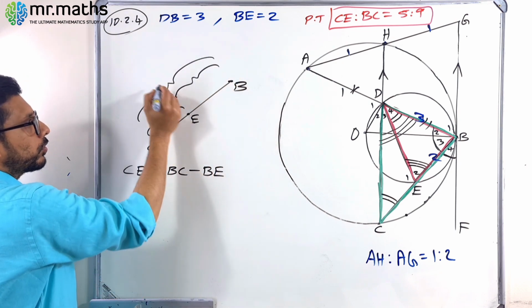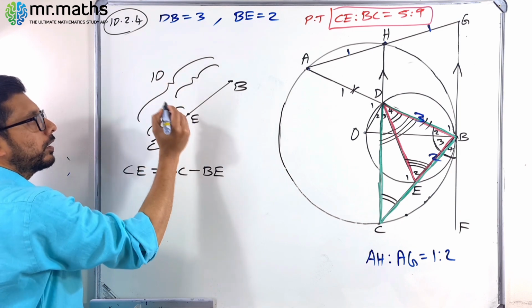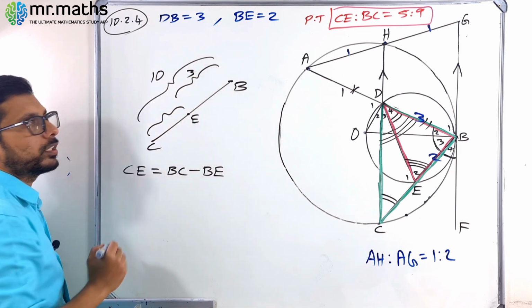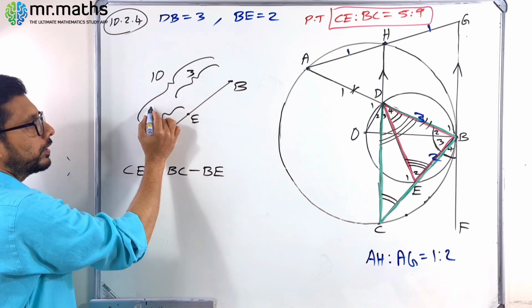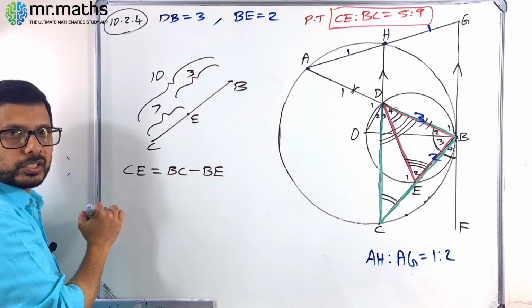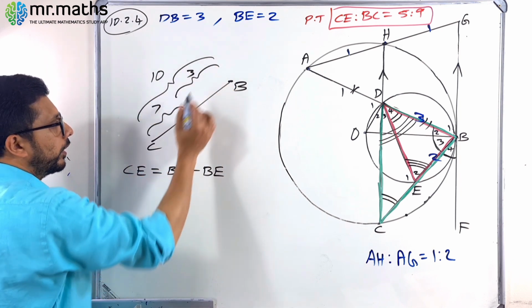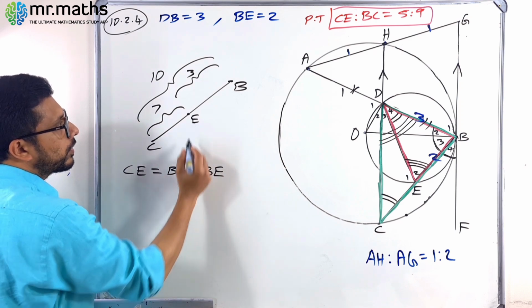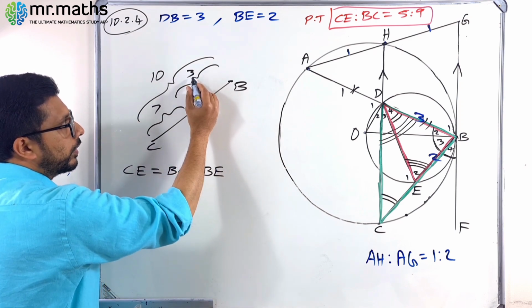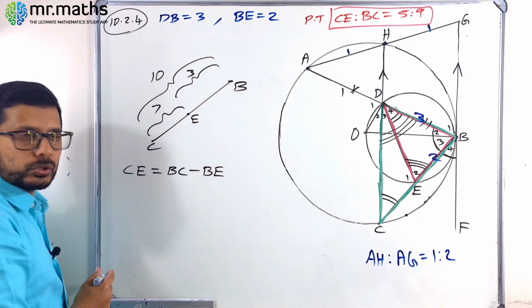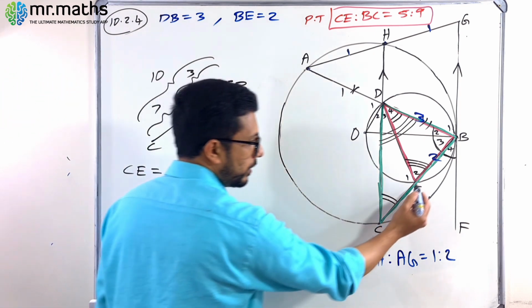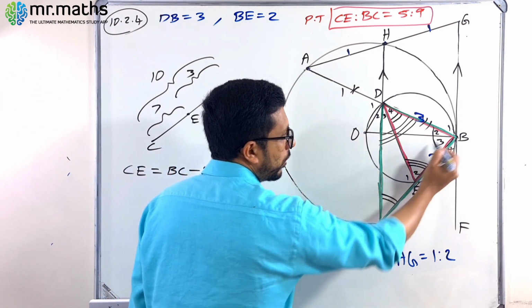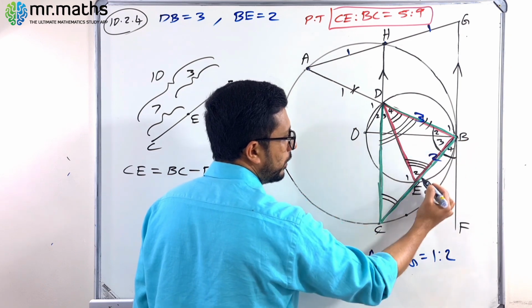For example, if the total length is 10 and this length is 3, then how can I find CE? 10 minus 3, that is 7. You understand? 10 means total length BC, minus this length, that is 3. So CE is equal to BC minus BE. I can write this length CE is equal to the total length BC minus this BE.